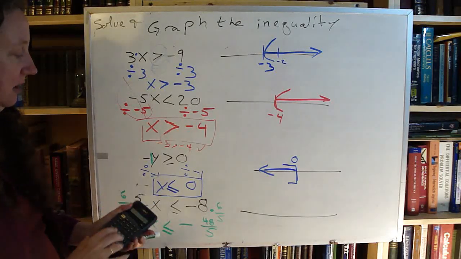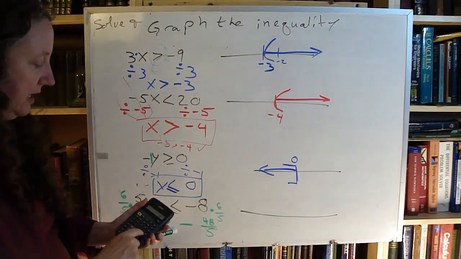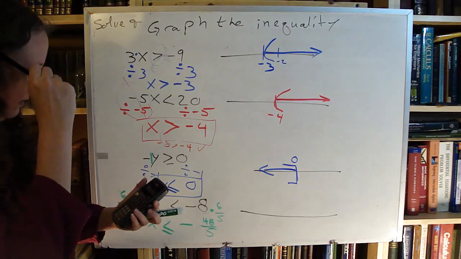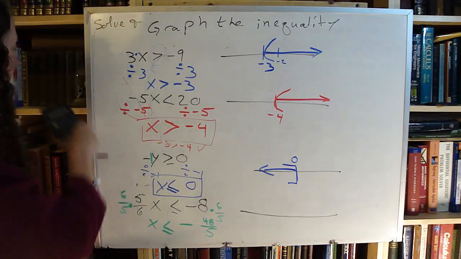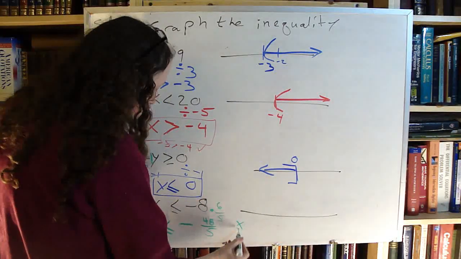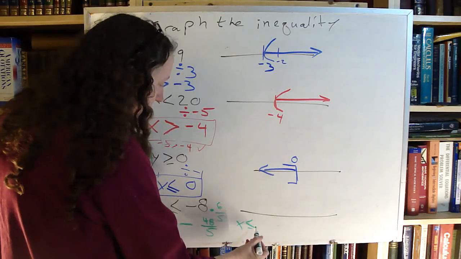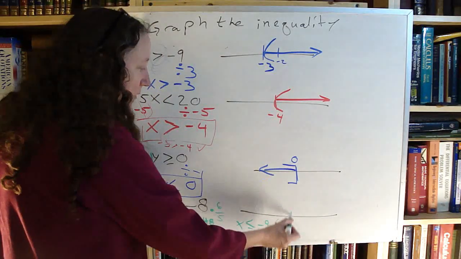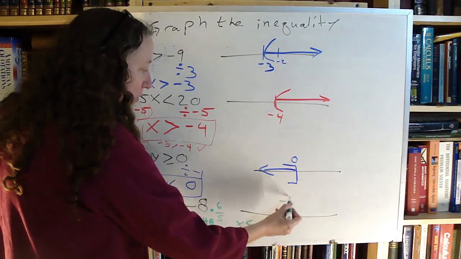So as a decimal number, 48 divided by 5, 9.6, negative. So I would have x is less than or equal to negative 9.6, which means I find my negative 9.6.